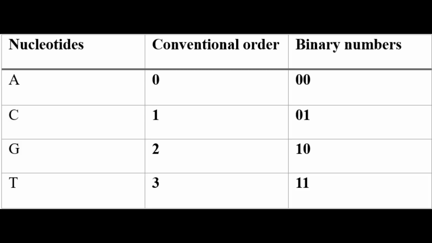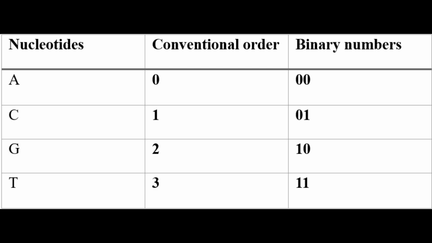So here we come to the storage mechanisms. The four nucleotides, adenine, cytosine, guanine, and thymine, are conventionally ordered by the scientists. So these are the binary numbers that replace the nucleotides for the given nitrogen bases.